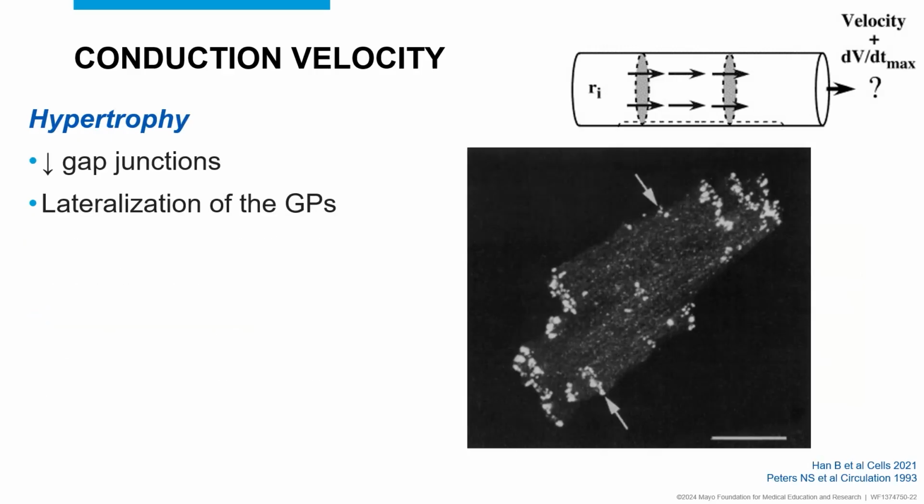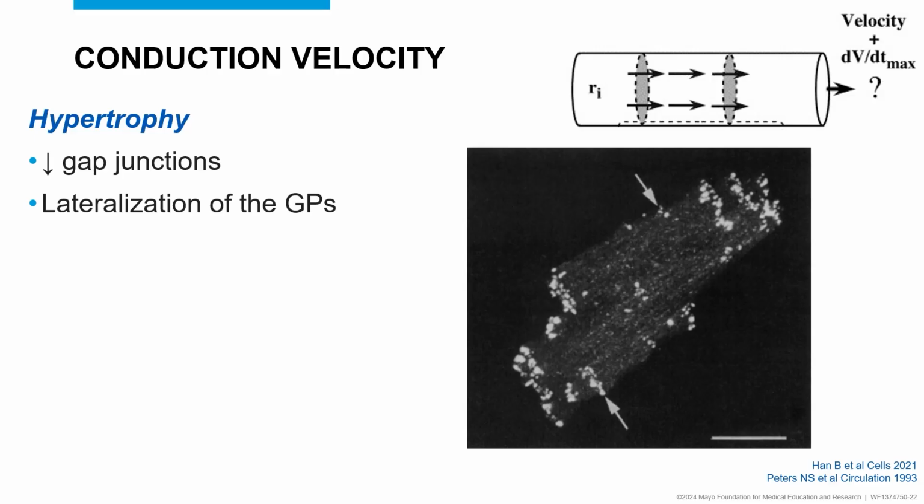What's interesting in pathological hypertrophy, such as aortic stenosis or hypertrophic cardiomyopathy, is that we see these gap junctions start to relocate to the transverse aspects of the cells. Think of the longitudinal enrichment being there to facilitate rapid conduction, and as soon as you start moving those gap junctions to the lateral aspects, you can facilitate discoordinate activation of those cells and maybe even set those areas of muscle up for fibrillation.